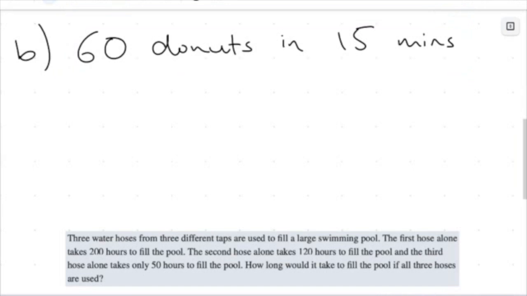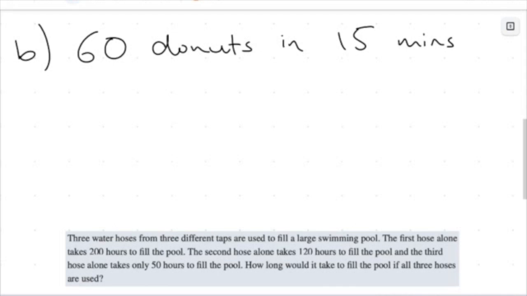And something really cool about rates, at least with questions like this, is that the perspective that we look from, whether we're looking at the donuts or the minutes, we can approach it in a very similar way. Now, in the other questions so far, we've been dealing with the right-hand side of my rate, the per something, that something part of the question.